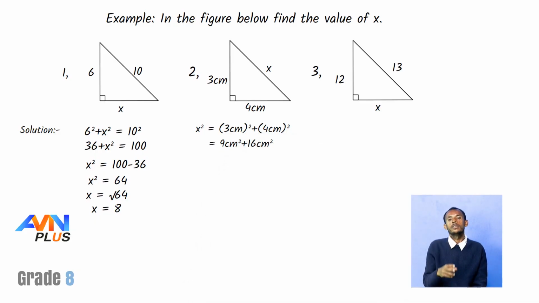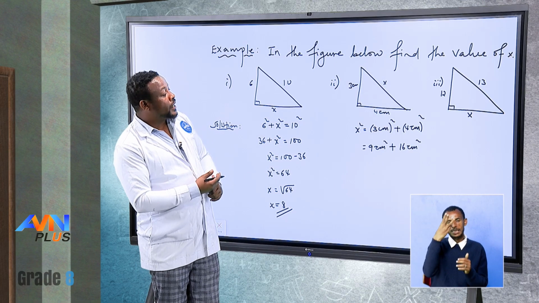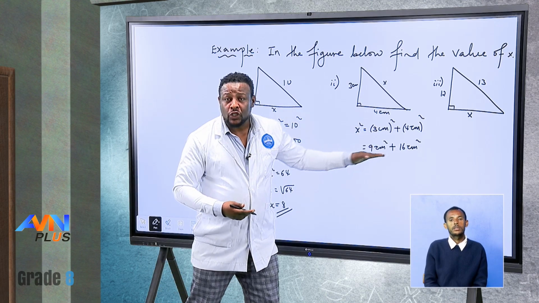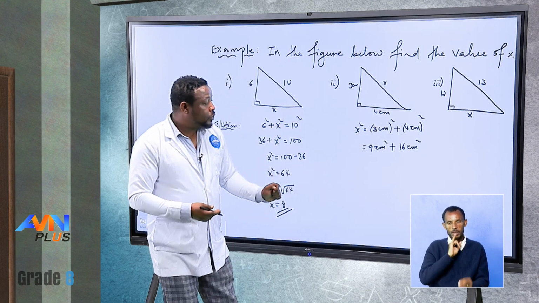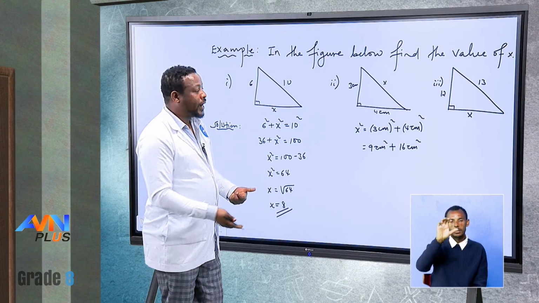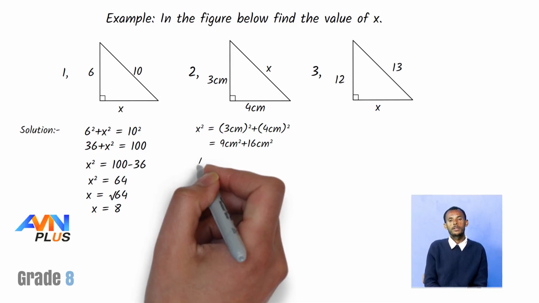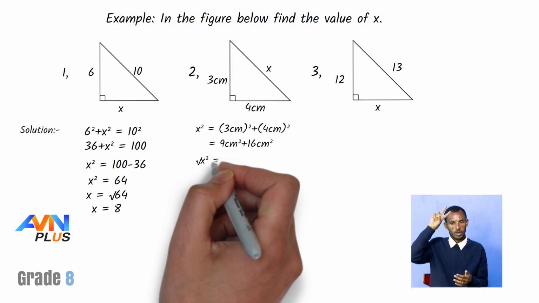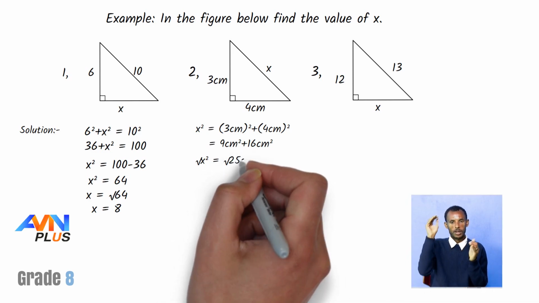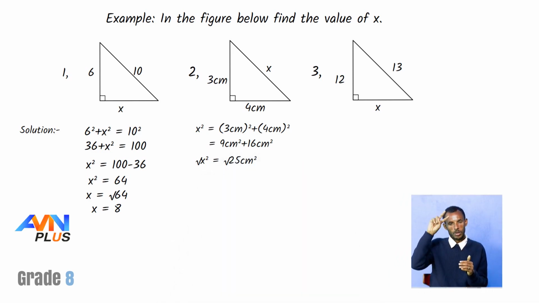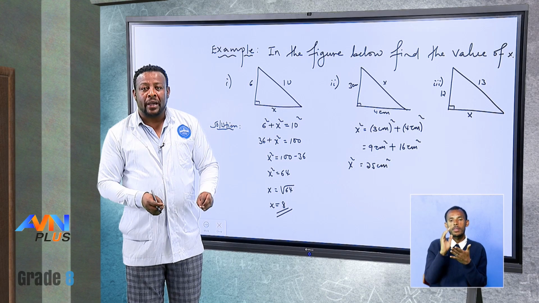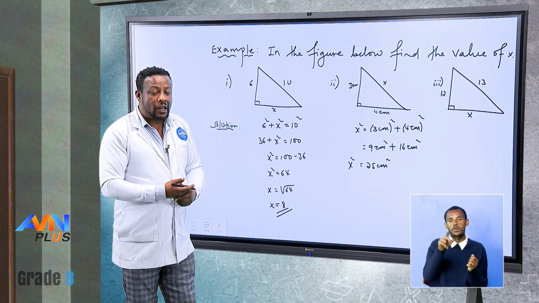The sum of these two numbers is 25 centimeter square, right? So x square is equal to 25 centimeter square. You can take the radical on both sides so that you will get the value of x.